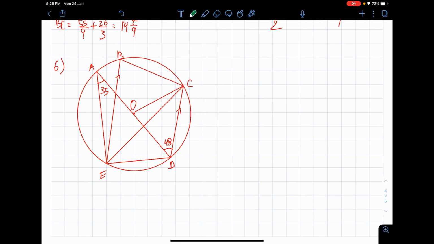For example, AD is a diameter, so this is actually 90 degree. I want BED though. If I want to find BED, I need to find out the small angle here. Then I just take 90 minus that. Okay, so first of all, I found the BED to be 90 degree. Okay, then how do we actually get there?